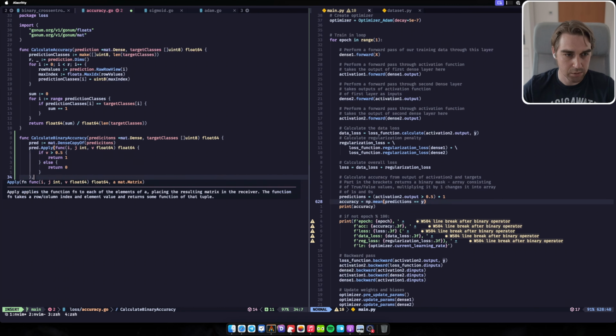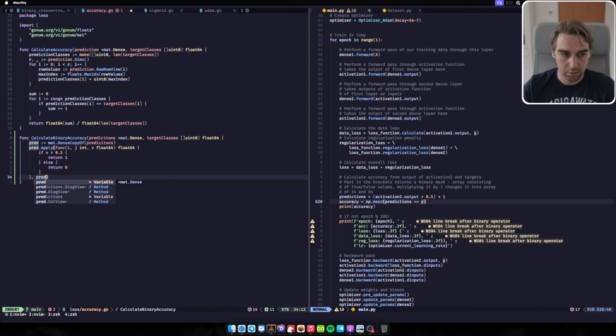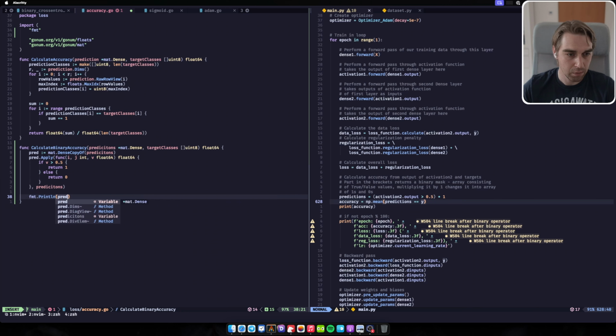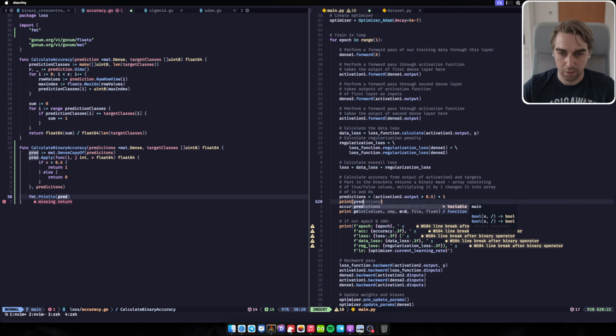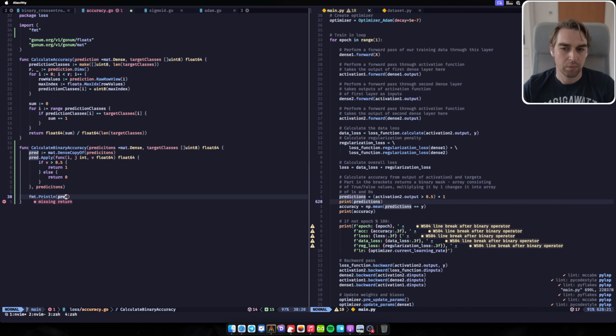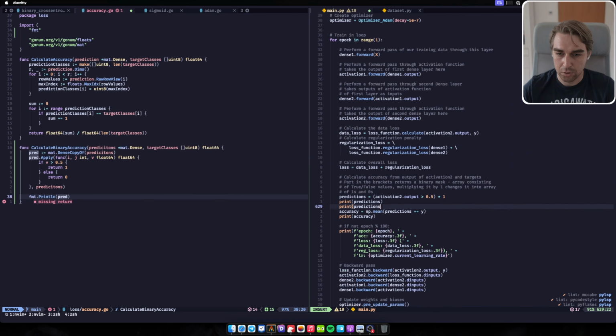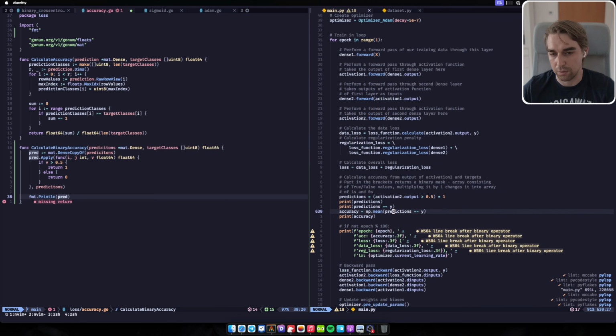And I'm passing the predictions here, right? Print len predictions. And then we are calculating. Okay, what it means, predictions equals to y, what it will return. I guess it will return.